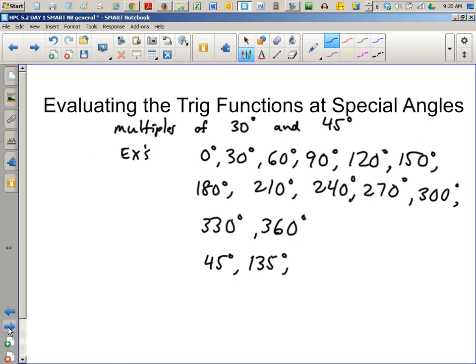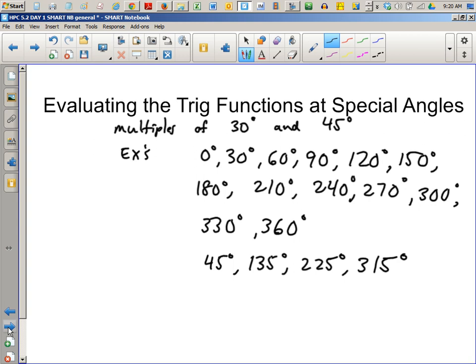We already have that up top. 225, that's 45 times 5. 270, but that's just 45 times 6. We already have that. The next one is 315. That's new. See? 360, that's a multiple of 45, but we already have it. These are the special angles.